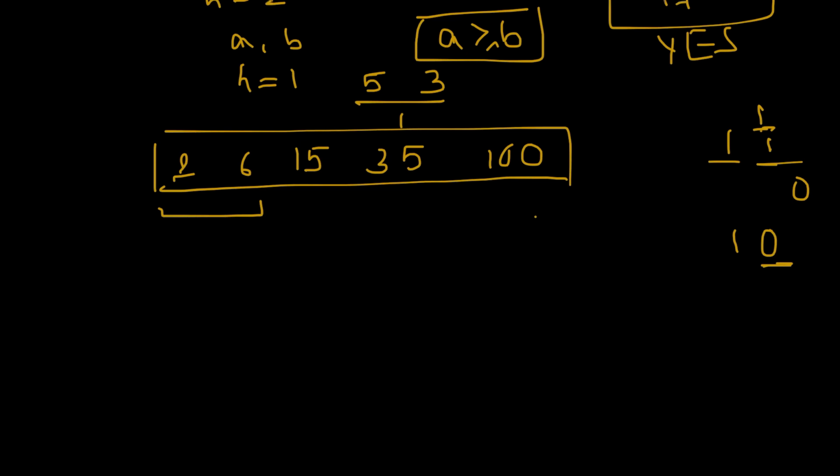Because if I take another subarray of odd length, it will have 1 in the last bit, and the XOR value will become 1, right? So I have to take another subarray of even length only so that the XOR value remains the same. Here it should be 0 because even has 0 in the last bit. So the XOR value still remains 0. So I have to take another subarray of even length only.